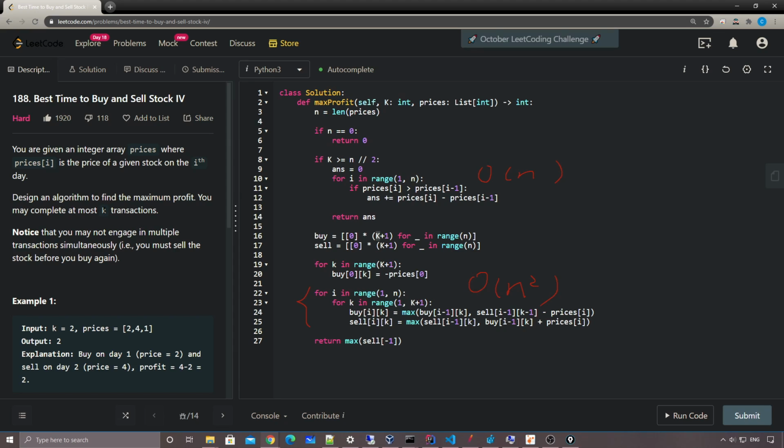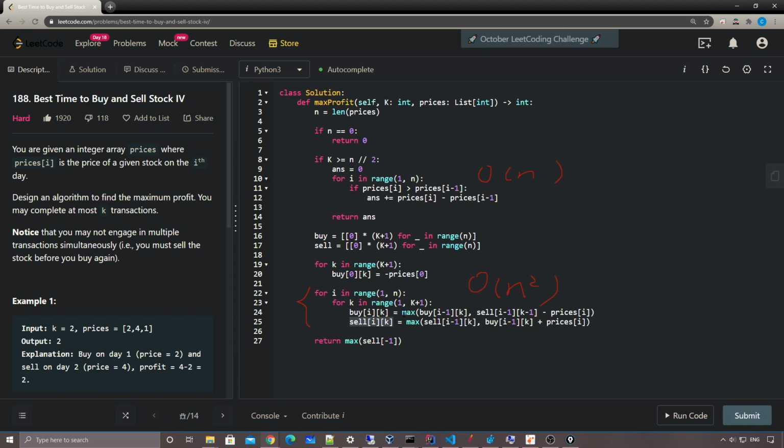Whenever we have a transaction constraint for the buy and sell stock problem, it means that we need to consider, at each day, all k transactions, which means we're adding an additional dimension on top of our DP definition here. Other than that, it's just setting the base case, and then this part is generic for all the buy and sell stock problems. I think the state transition for buy and sell are all pretty similar.